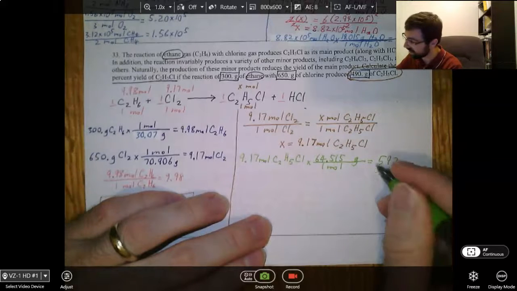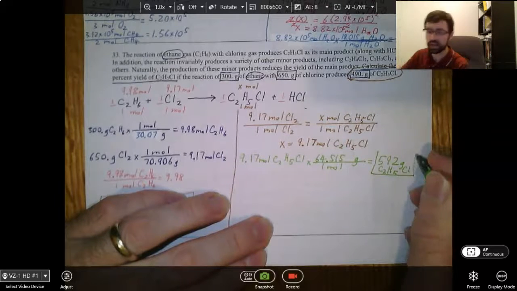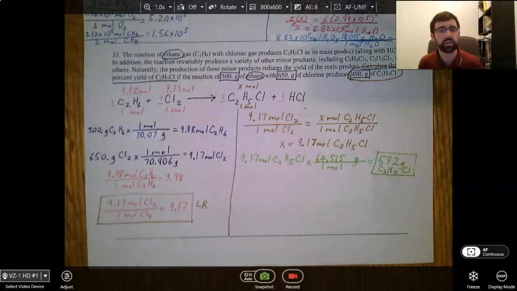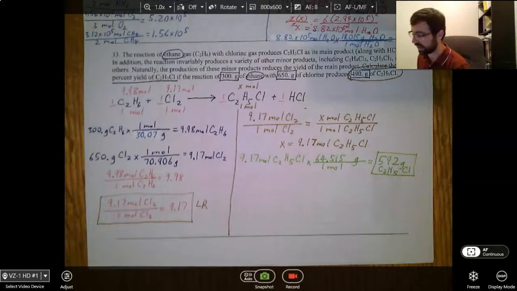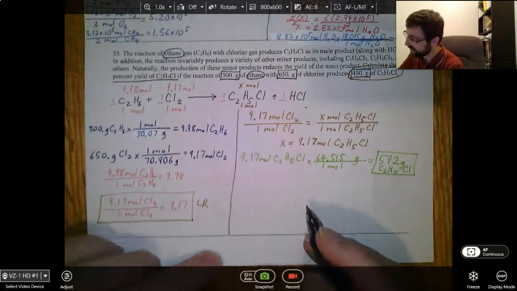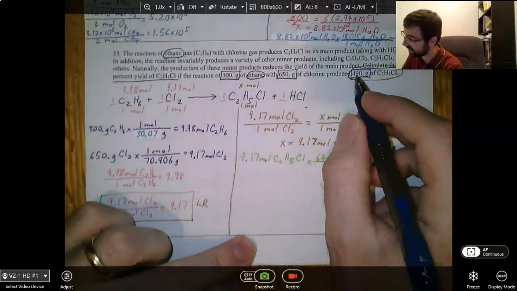Now, this, if I do the math, is how much I think I can make. This is how much I should be able to make. In other words, it's my theoretical yield. Theoretically, I should be able to make that, but what can I actually make? Well, the actual yield was 490 grams.